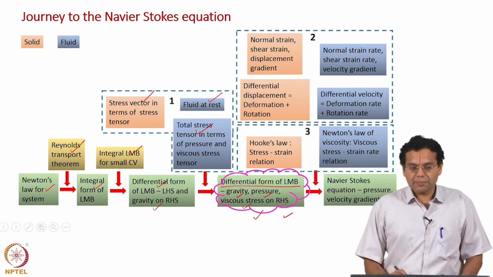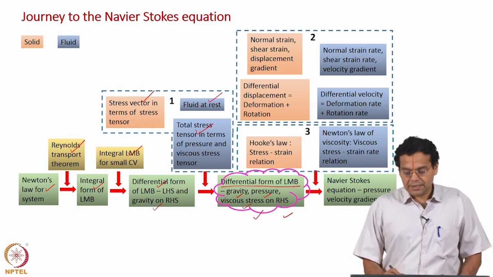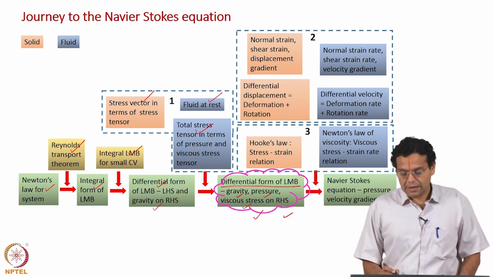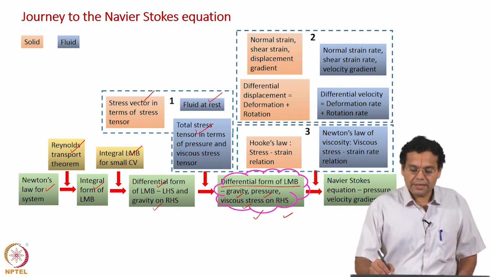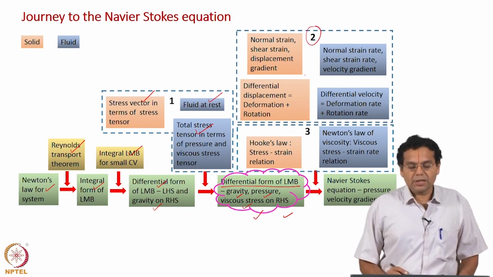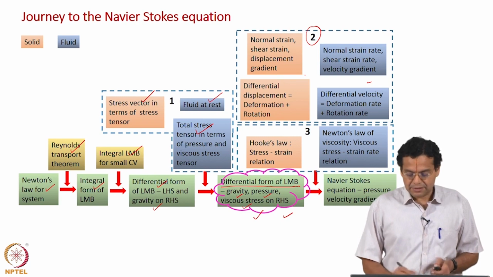When we are going to solve for pressure, the viscous stresses are unknown. We want to relate this viscous stress to velocity, actually velocity gradients. To understand velocity gradients, we should understand what displacement gradients are, and that is why we take a second diversion here, go to solid mechanics, understand displacement gradient, and then we can understand velocity gradients. That is where we are.